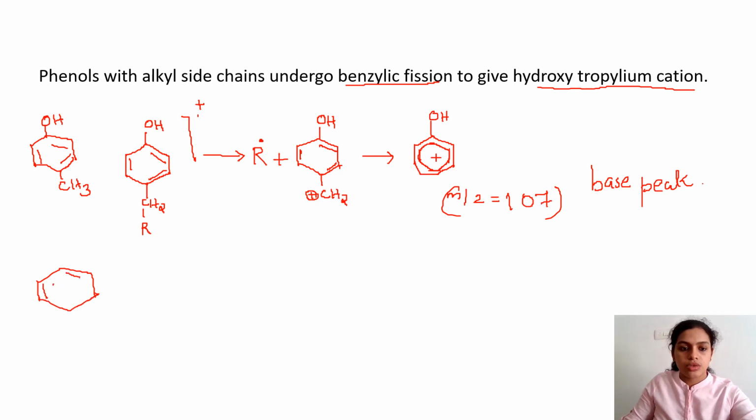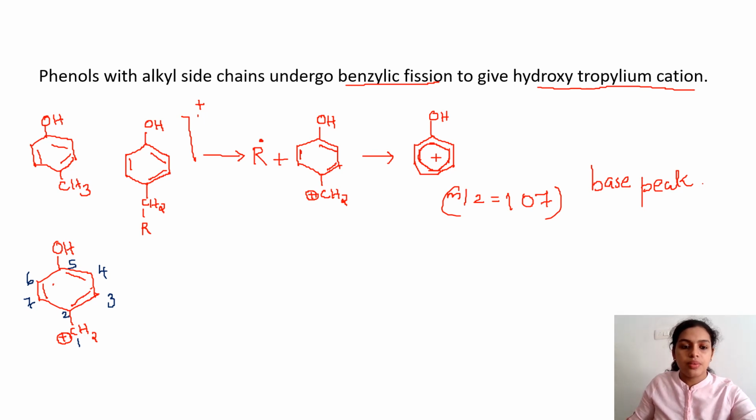One, two, three, OH, CH2. Right. Here is a positive charge. Let me number these carbon atoms for a better understanding. That is 1, this is the second carbon, 3, 4, 5, 6 and 7.